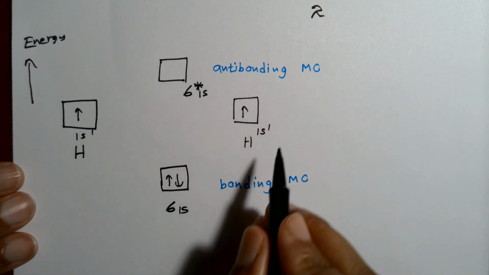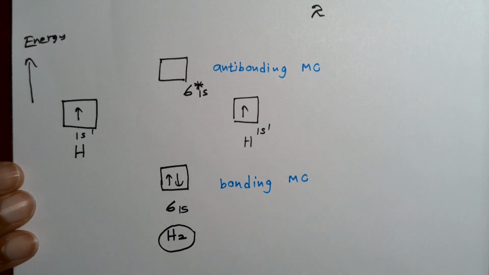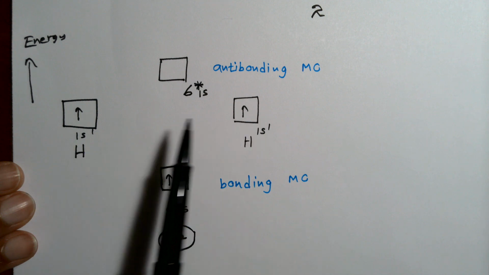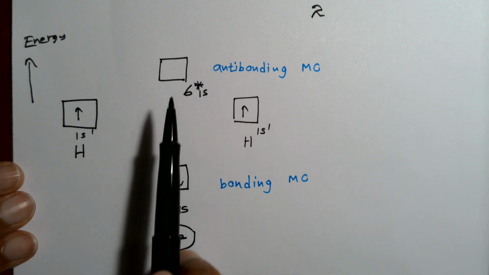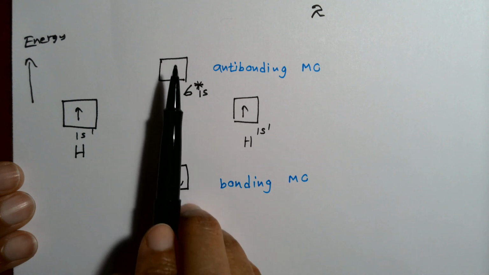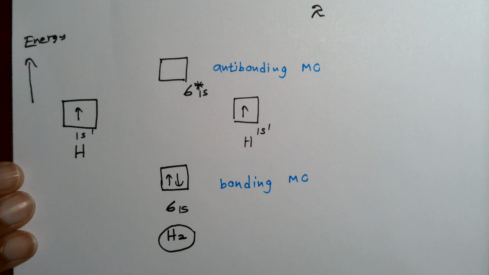Now this is the molecular orbital diagram for the H2 diatomic molecule. These two are atomic orbitals. If we combine two atomic orbitals, they make molecular orbitals, which we draw in the middle. One is bonding, the other is anti-bonding.